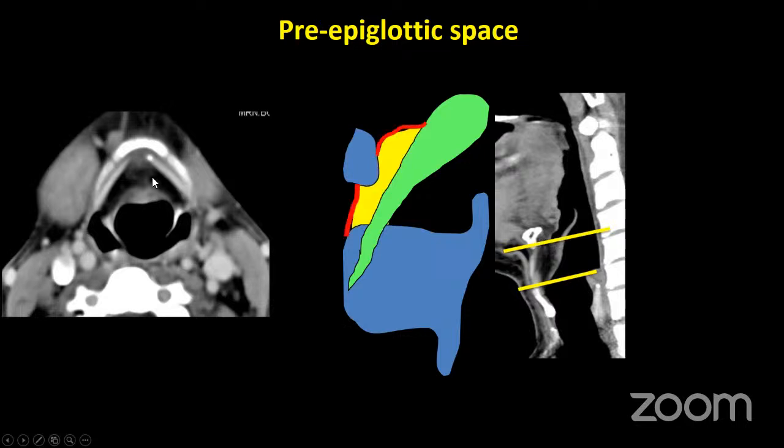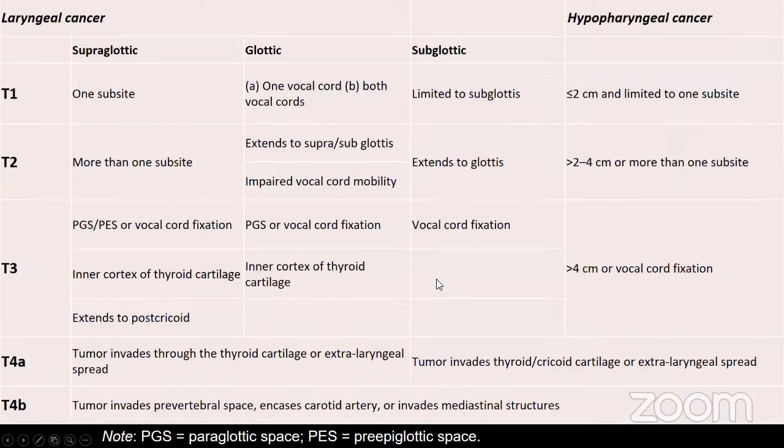It's difficult to assess the preepiglottic space through contiguous axial sections, and I recommend that sagittal reformats should be checked for excluding preepiglottic space involvement. Now, this is a busy slide, but if you look at the staging framework over here, most of the extensions cannot be seen clinically, especially the cartilage involvement, pre and paraglottic space involvement, or post-cricoid extension.